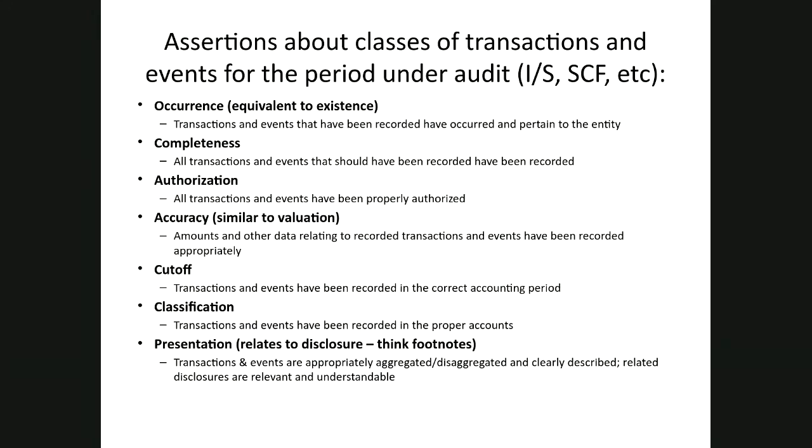FOB destination is when ownership transfers to the buyer upon receipt, right? When the goods actually reach the destination. And in that case, you're not supposed to recognize revenue until the goods actually get to where they're going. So I could feasibly be shipping things in December that don't get there until January, and those are really January sales.